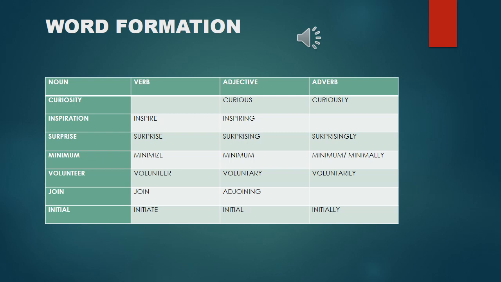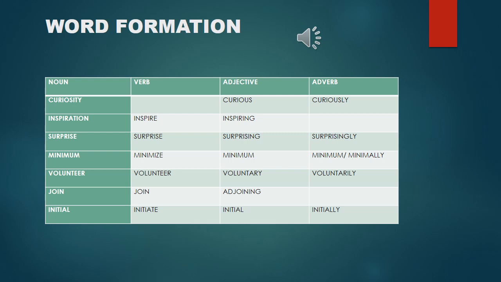Here we have come to the type of exercise that you usually don't like in your tests. Word formation. The easiest way to practice this type of exercise is to draw a table and to classify words.